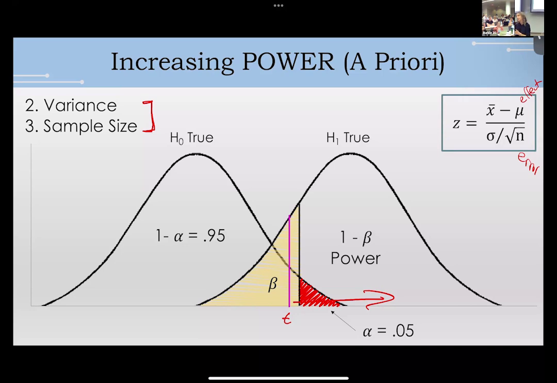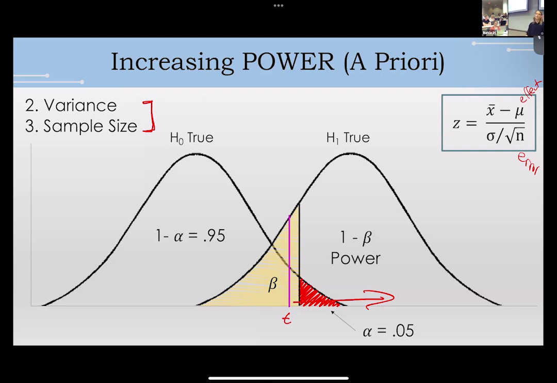I probably wouldn't use 0.2. I'd probably aim slightly more conservatively, right? Maybe 0.1, maybe 0.15. Generally 0.15, 0.2 is decent. So you usually want to aim a little bit lower than the effect you would actually expect, right? Because you'd rather underestimate that effect size than overestimate, because then you won't capture it.